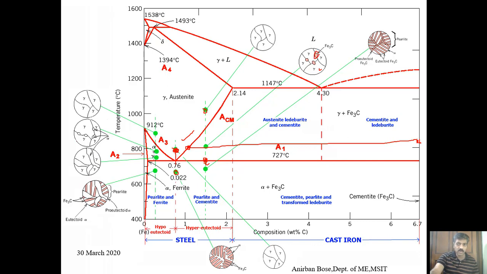These are pro-eutectoid cementite. Pro-eutectoid means before coming to the eutectoid temperature, some of the cementite has already formed.